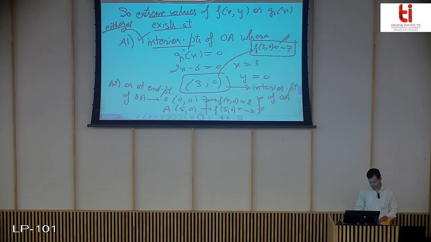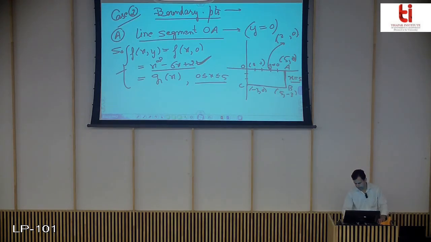Okay, see line BC, and here y is equal to minus 3. It is the line segment BC, with y equal to minus 3.